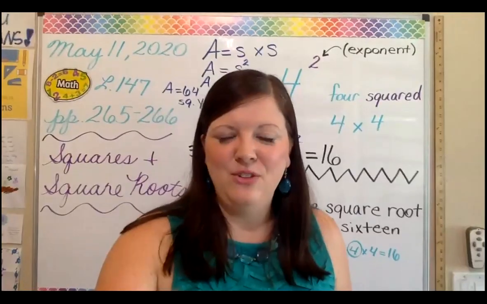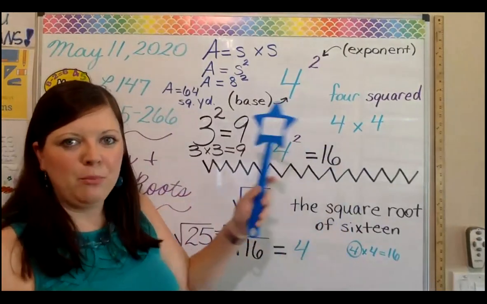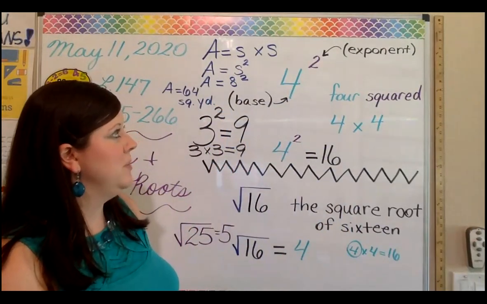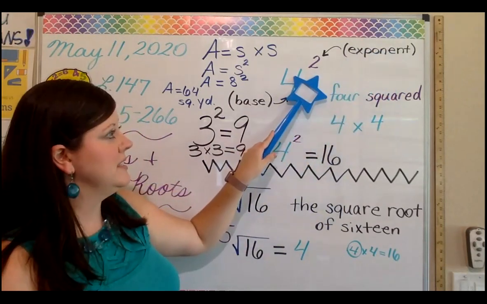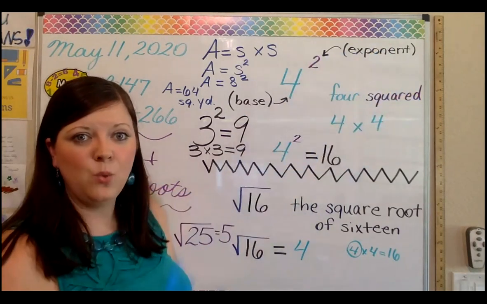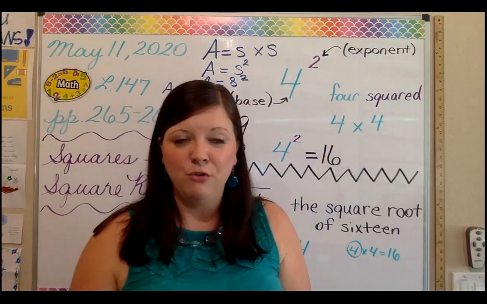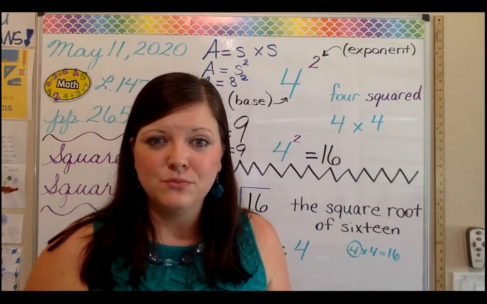Okay, before I leave you, let's just do a quick little review. What is a whole number called? A base. What is a little tulip in the sky called? An exponent. How do you read the little tulip in the sky? Squared. What does squared mean? To multiply a number by itself. What is the opposite of squaring a number?